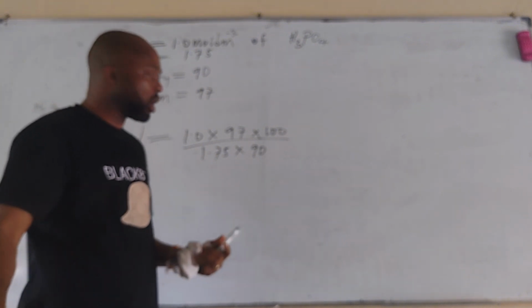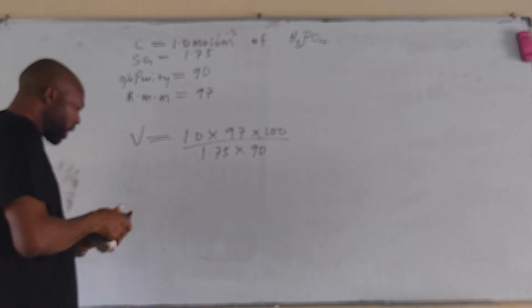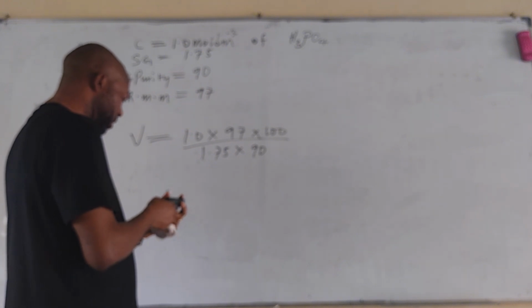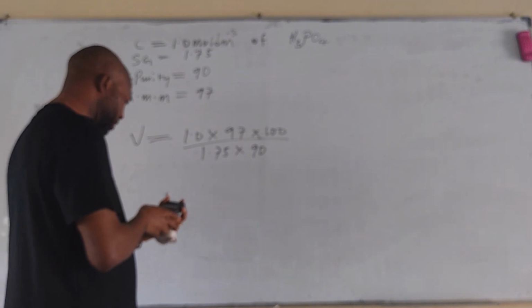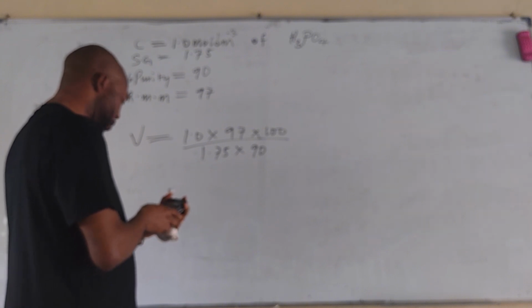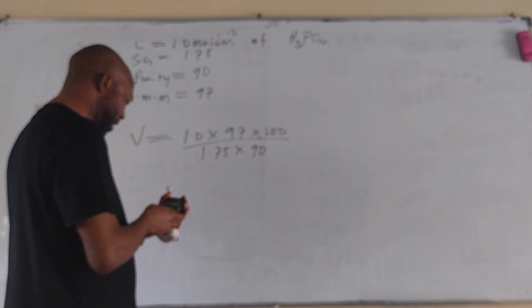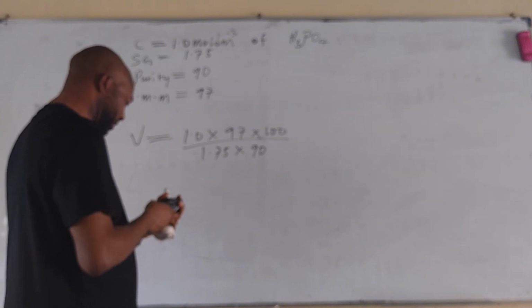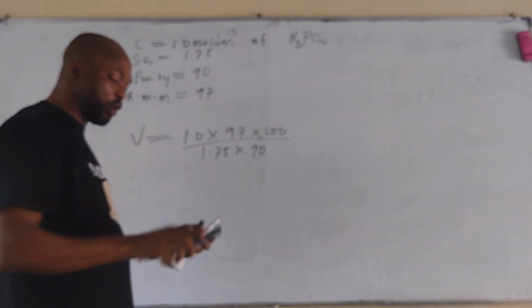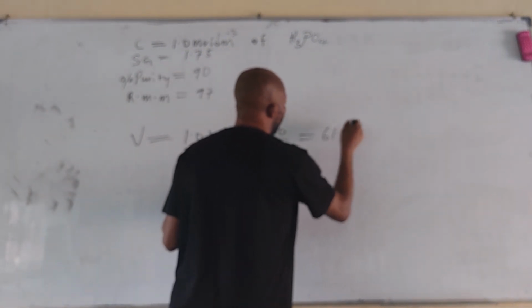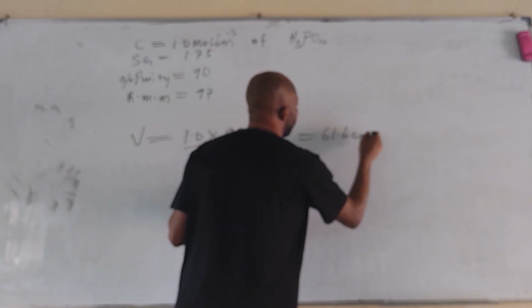So if that is done, what are we going to get? We have 1 times 97 times 100, which is 9700, divided by 1.75 and also divided by 90. We have 61.6. So this is 61.6 cm cubed.